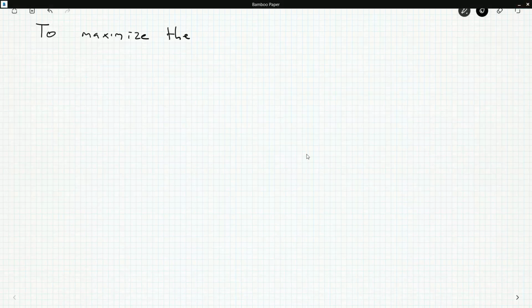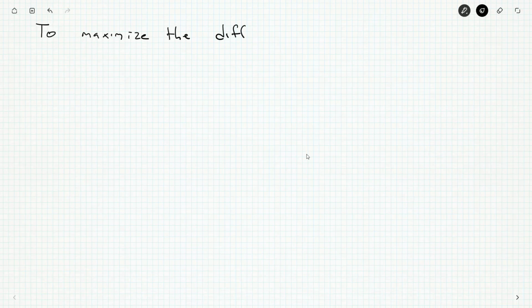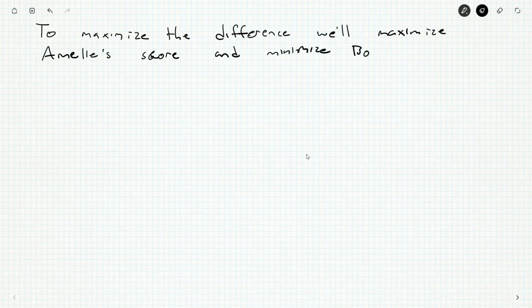So to maximize the difference, we'll maximize Amelie's score and minimize Bob's score.